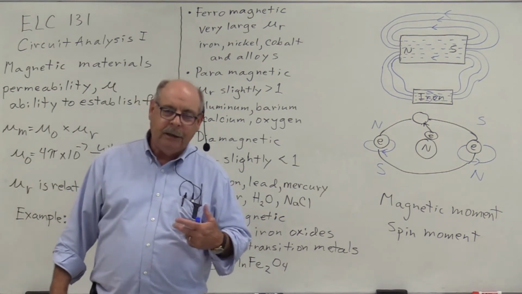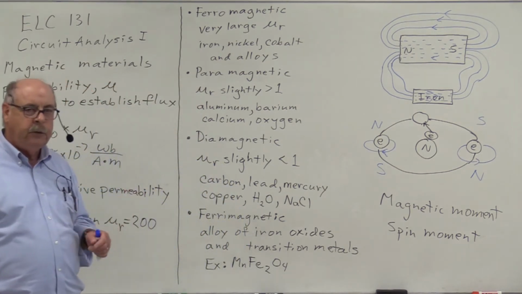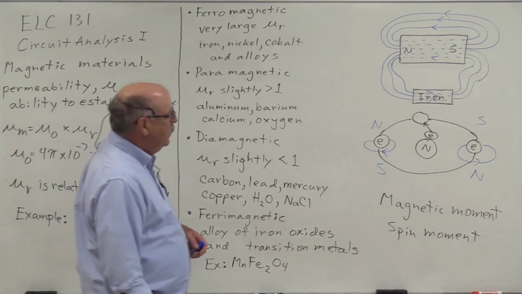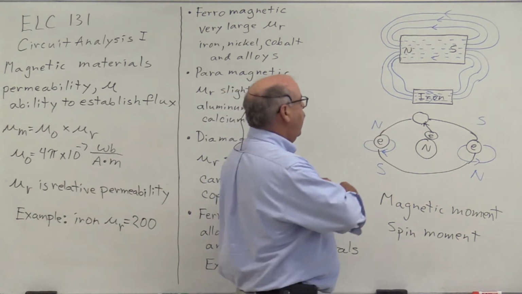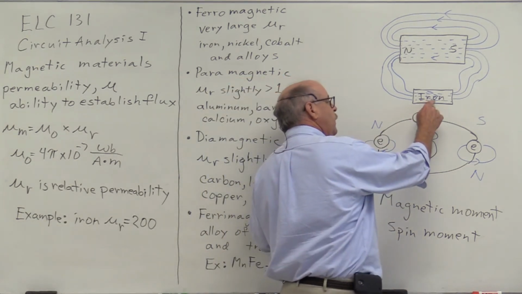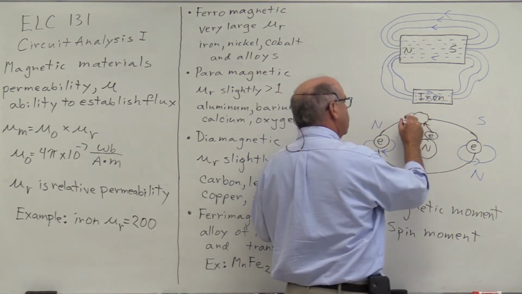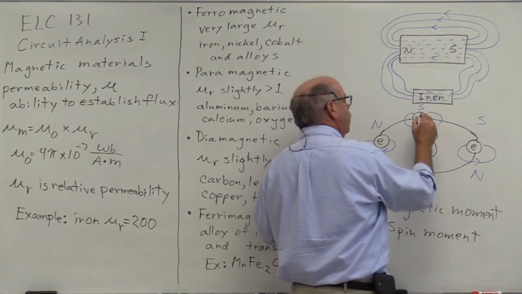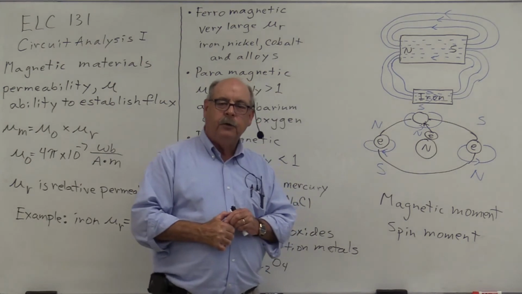This is actually a d orbital electron in the lower subshell, for those of you that have taken chemistry. And this particular electron will have a spin moment that's aligned with this line of force, and will end up being south to north.